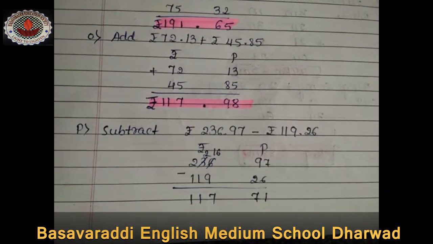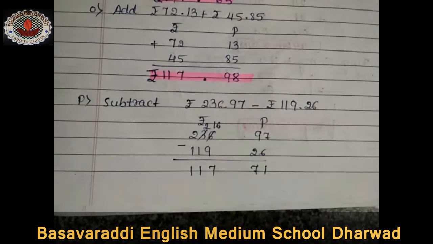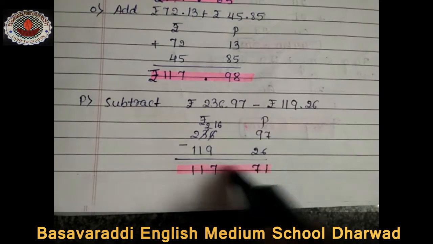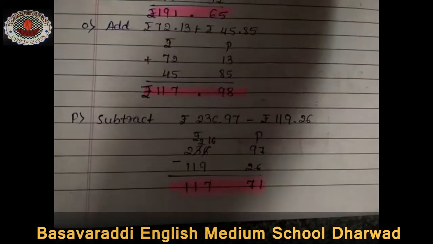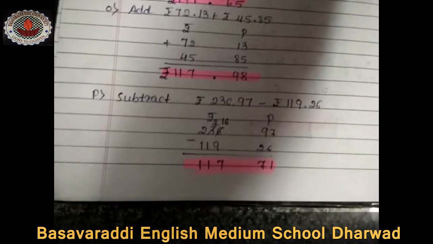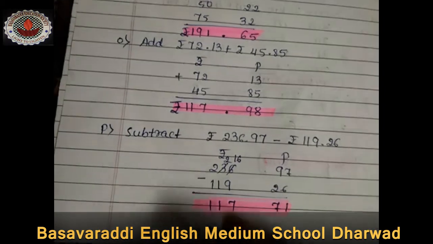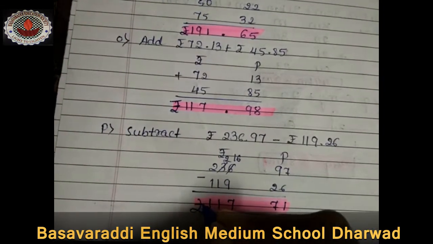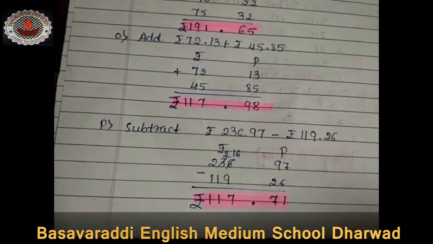After subtraction we get 117 rupees 71 paise. So insert the rupees symbol, that is rupees 117.71 paise.